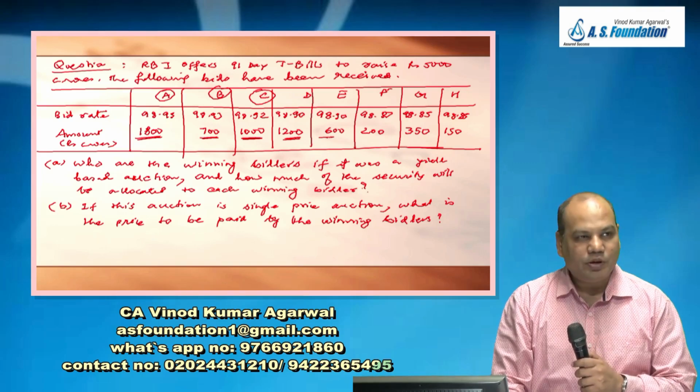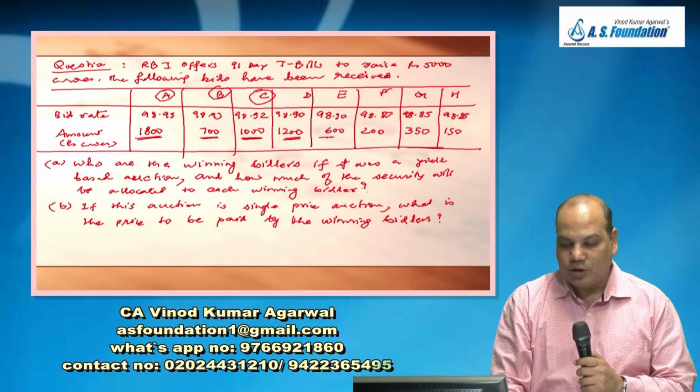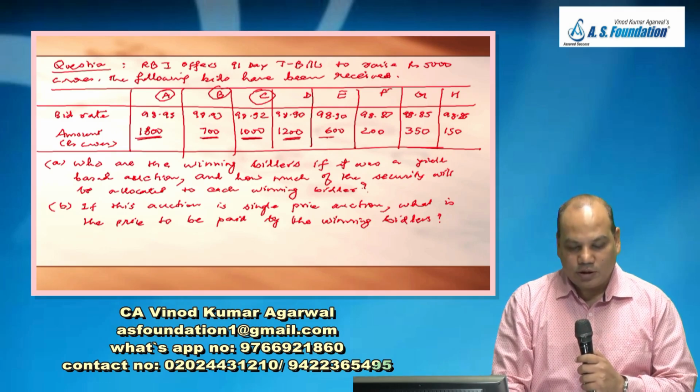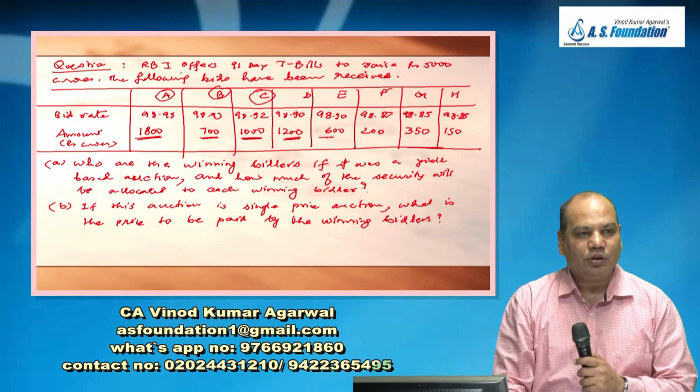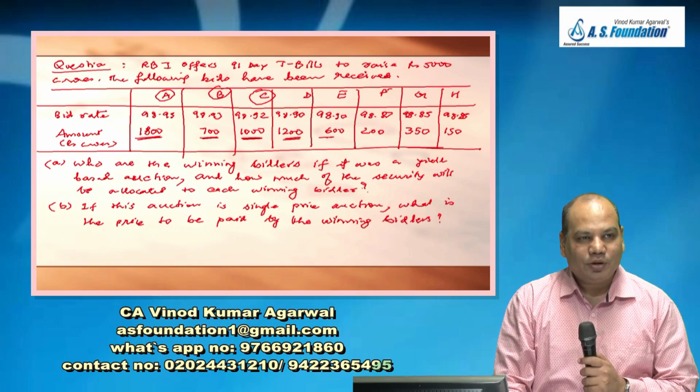Bidder write A, B, C. Price quoted write 98.95, 98.93, 98.92. Amount write 1800, 700, 1000. Take total of last column only. Don't take total of rate. Total of last column 3500.